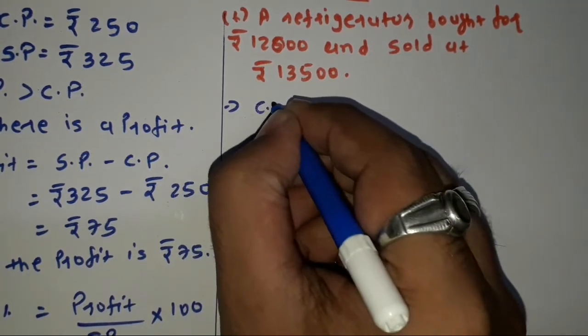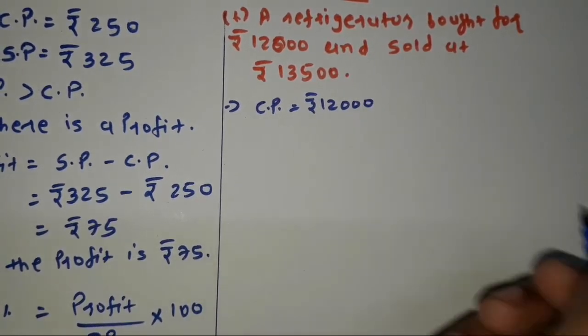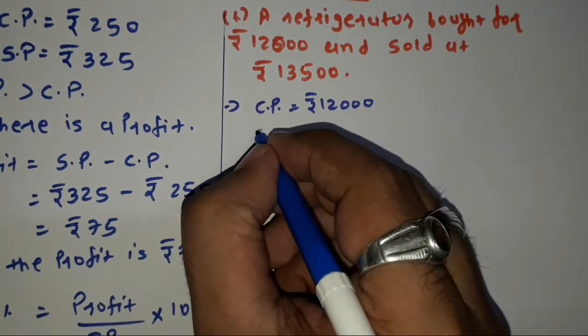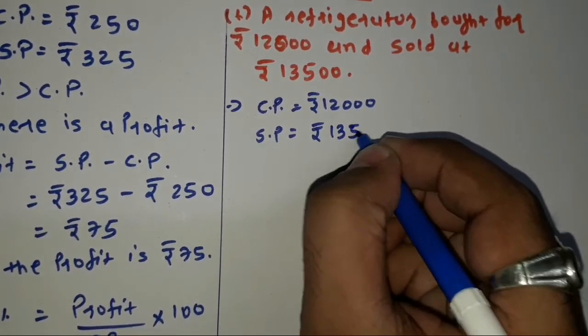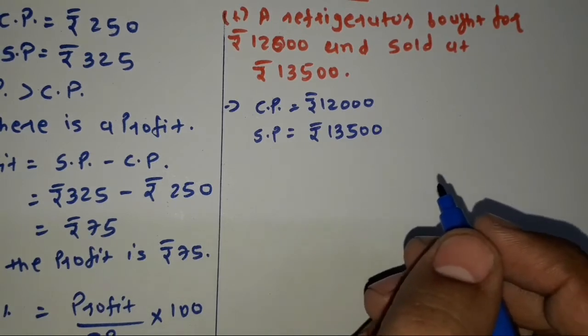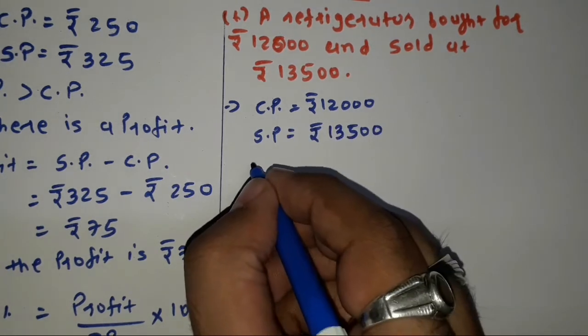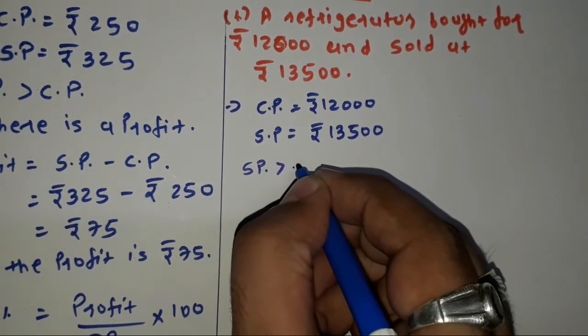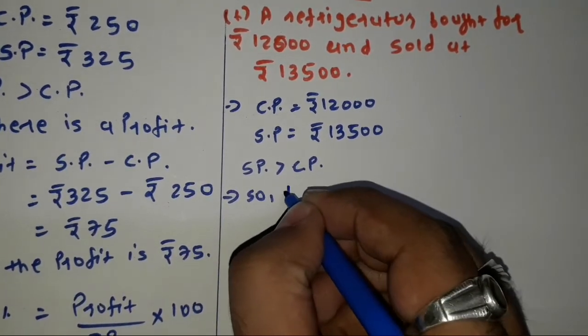So I will write that cost price is equal to rupees 12,000, and sold at rupees 13,500, so that is our selling price, which is rupees 13,500. First, as we did in the previous one, we'll check whether this is a case of profit or loss. Here we can see clearly that selling price is higher than cost price. So there is a profit.